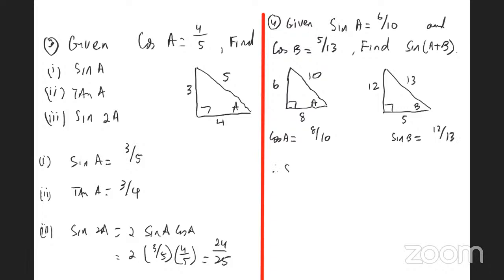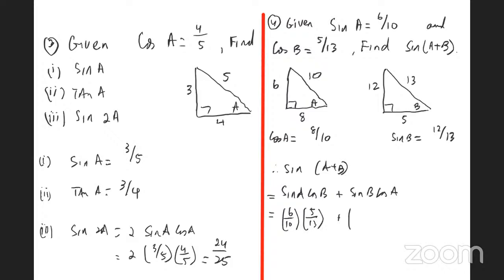Therefore, we know sine of A plus B to be sine A cos B plus sine B cos A. Sine A is 6 over 10, cos B is 5 over 13, sine B is 12 over 13, cos A is 8 over 10. So you have to multiply it out.